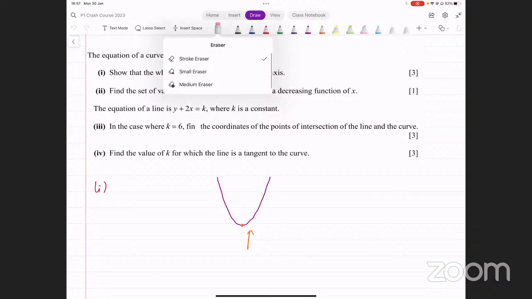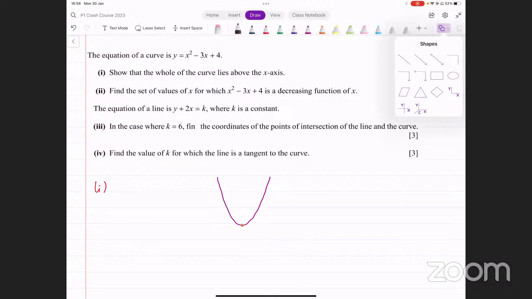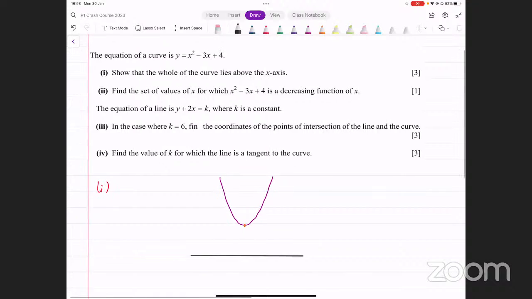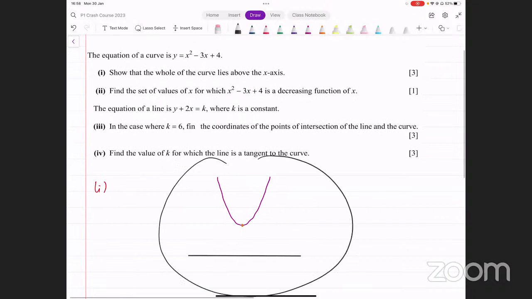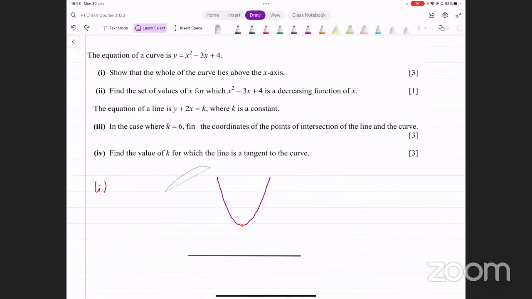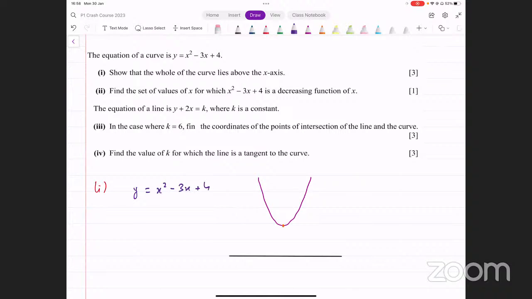Let's find the turning point. So remember how we used to find the turning points of quadratic functions? There were 2 methods that we did. One was using a formula, x equals minus b over 2a. Let's start with that. This is the function that we've got, y equals x squared minus 3x plus 4. How do you find the turning point?